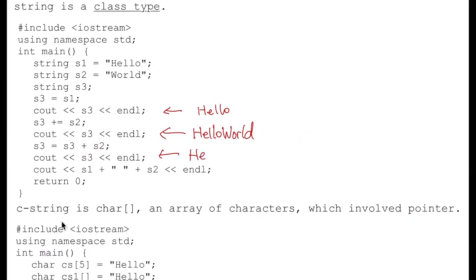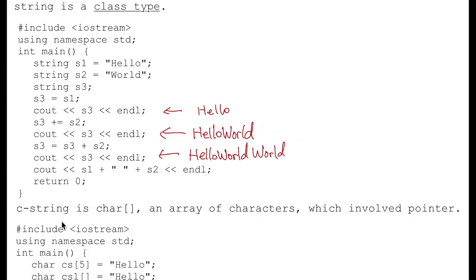Okay, then you just concatenate another S2 to S3. So your S3 now will become helloworld and then another world. So we know that with addition, you can concatenate them. You can just put different strings together.